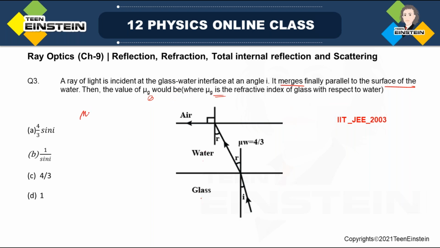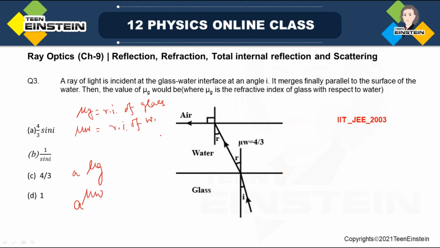Let us say mu g is the refractive index of glass, and mu w is the refractive index of water. Basically these are a mu g, that means it is with respect to air. Similarly, a mu w.